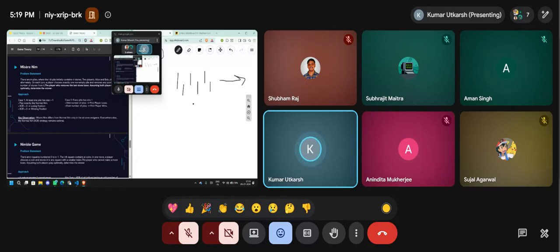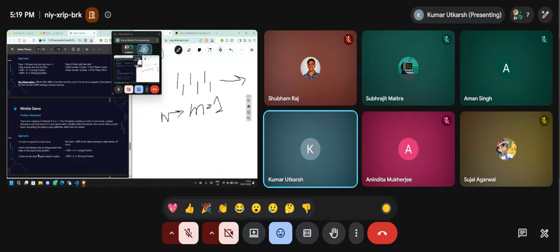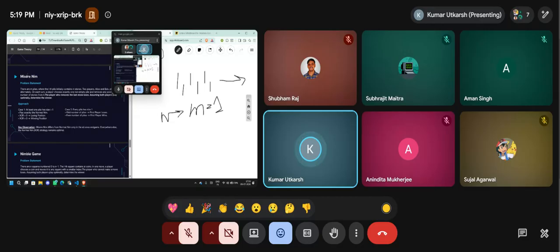Like the first problem we talked about, n piles of height m is the same where m is equal to 1. Here, as he can only pick a value of 1, this will alternate. This game is called misery, right?